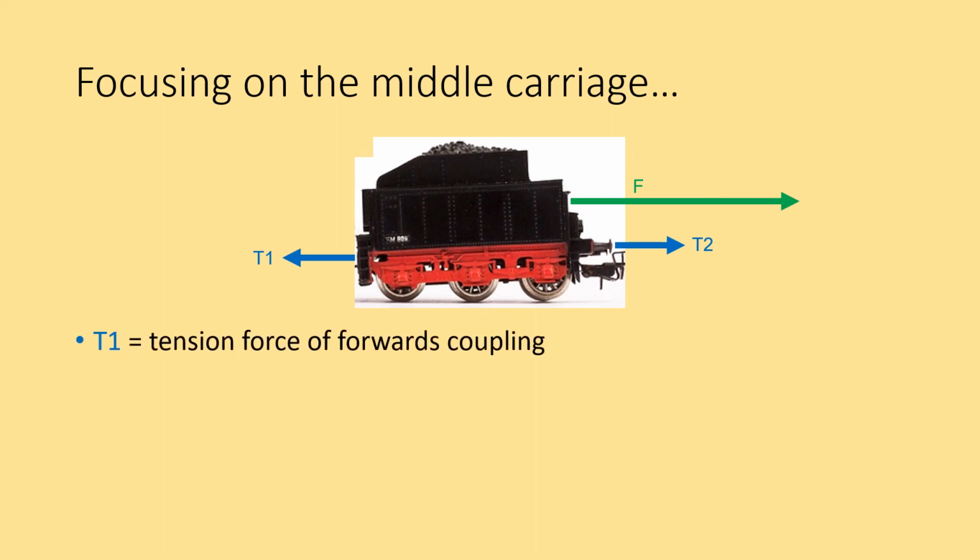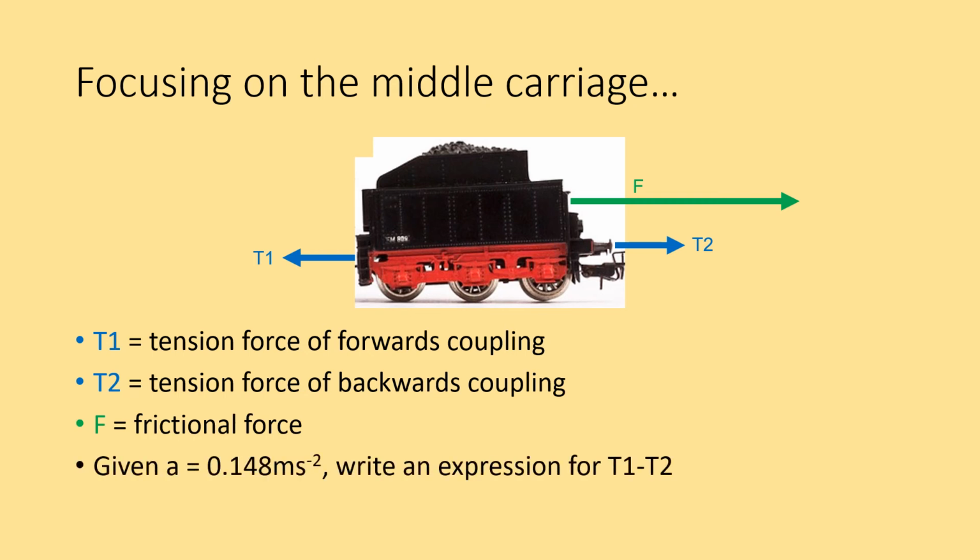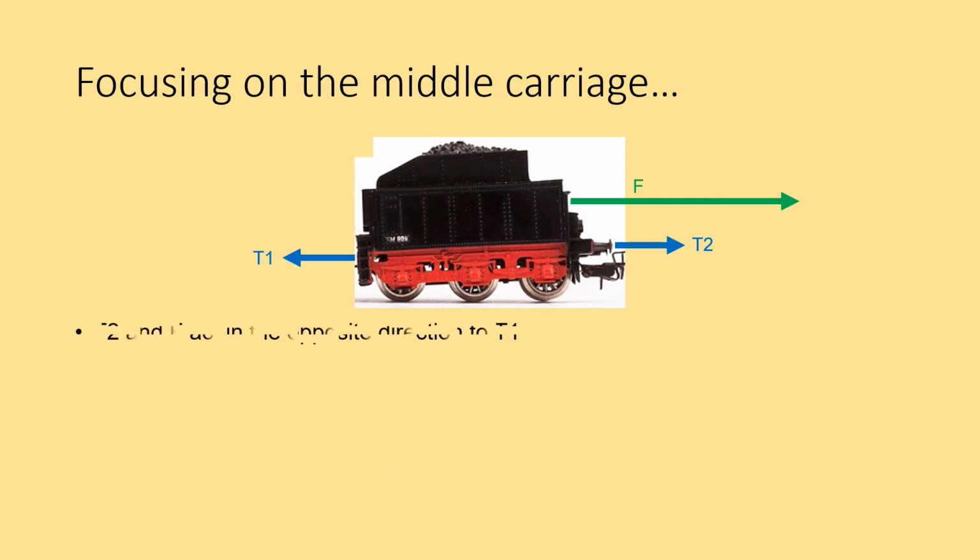So T1 is the tension of the forward coupling, T2 is the force of the backwards coupling, and then F is the frictional force. We know that the acceleration is 0.148 meters per second per second. Write an expression for T1 minus T2. So to do that, we add the T2 and F as one negative force.